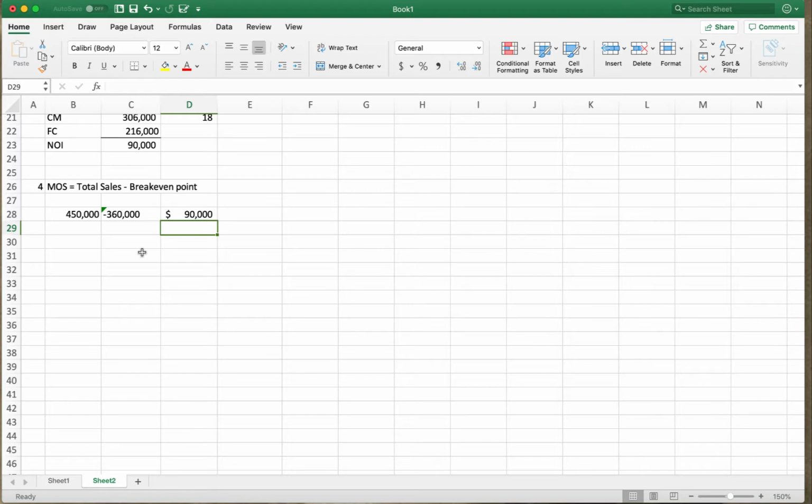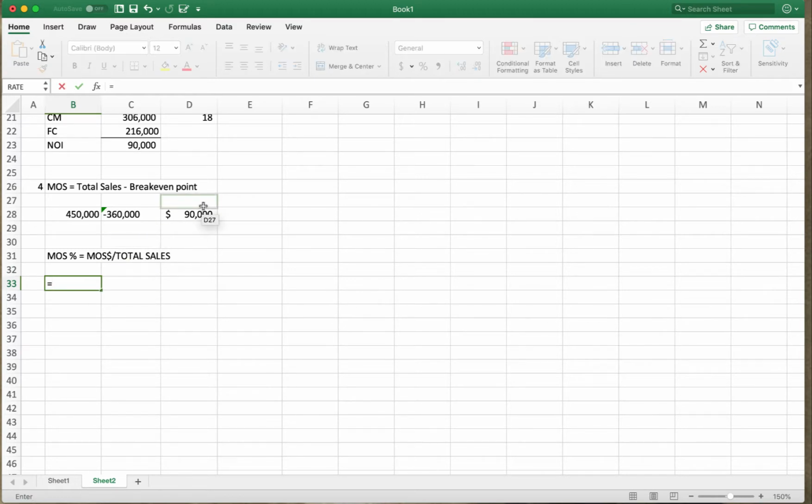Okay, how do we figure this out in percentage form? It's very easy. To figure out the MOS percentage, or the margin of safety percentage, we take the margin of safety in dollars and divide that by total sales. So what is our margin of safety in dollars? Well, it's 90,000.